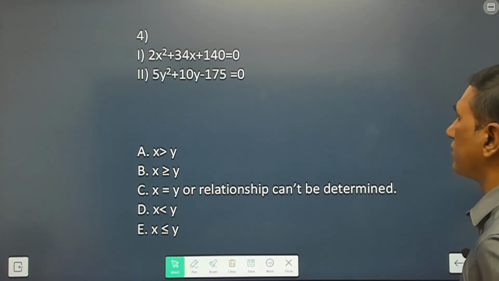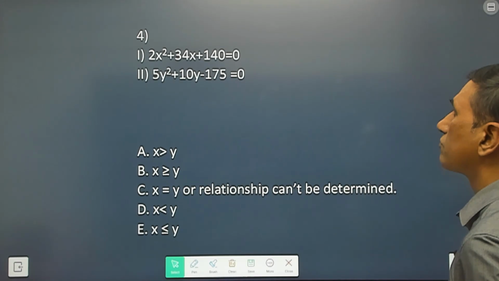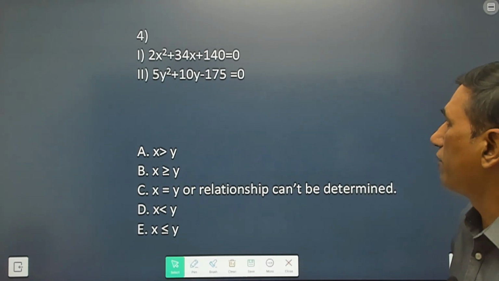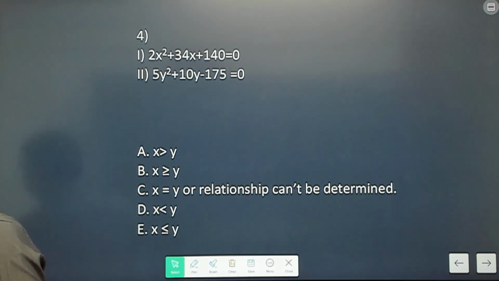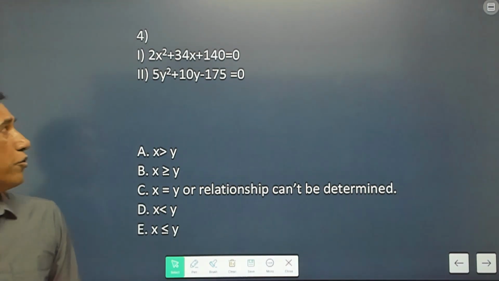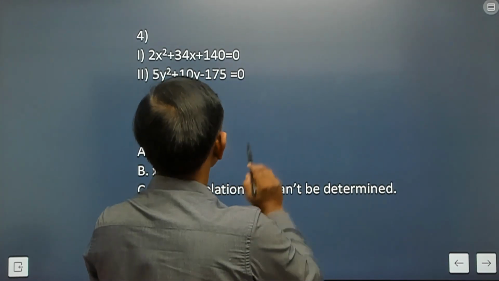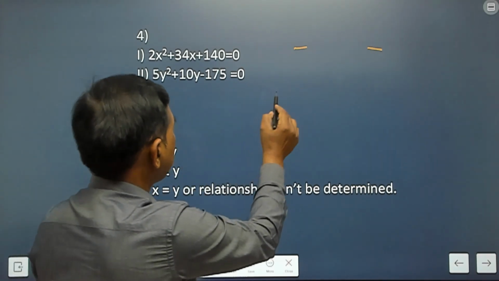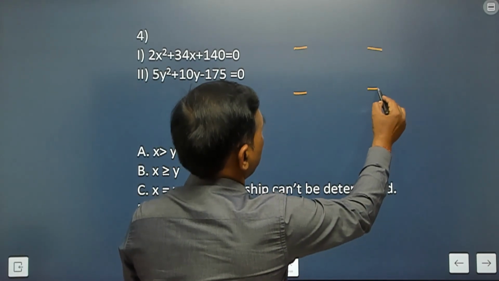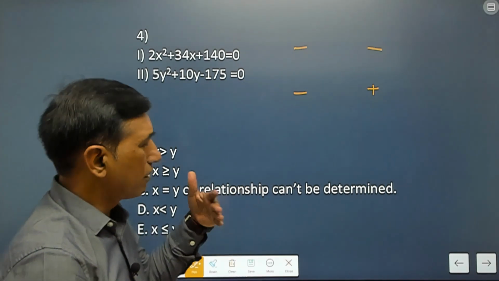2x square plus 34x plus 140, 5y square plus 10y minus 5. So what we have to do? This is minus, both minus. This one, since this is plus, so minus is greater, plus is smaller root.